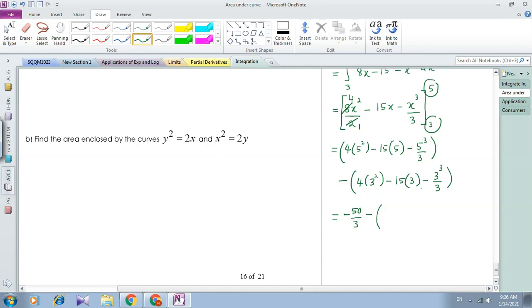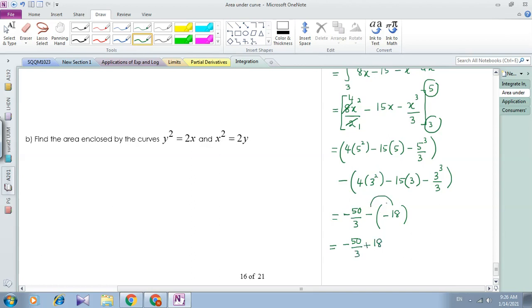This is negative 18. Now this is actually negative 50 over 3 plus 18, right?